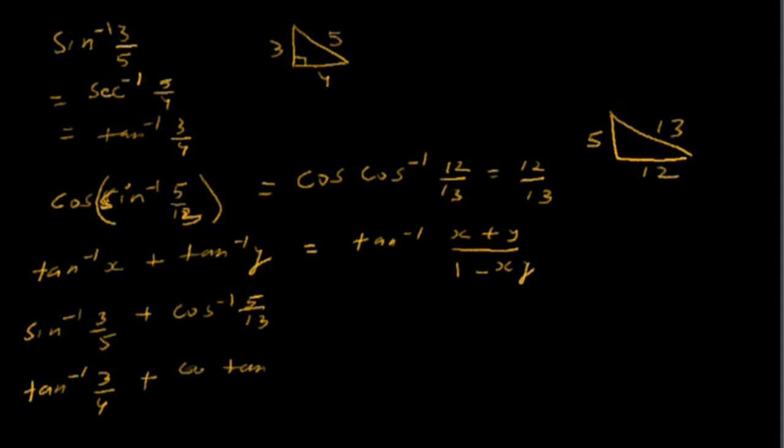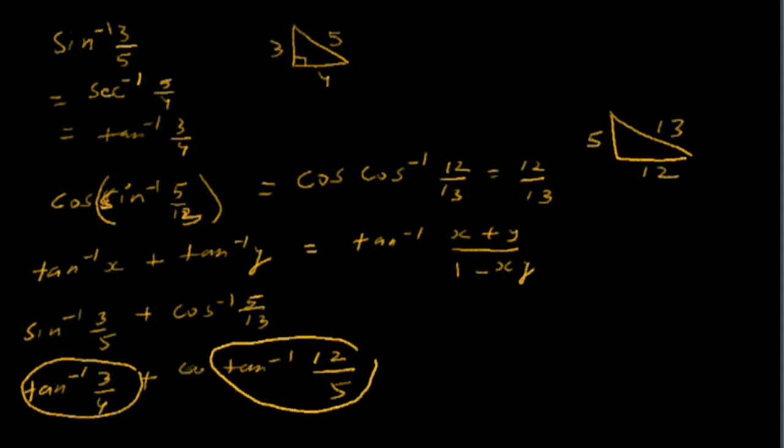So it will be tan inverse 12 by 5. So you know tan inverse 3 by 4 is here and tan inverse 12 by 5 is here. So what is that? Tan inverse x plus tan inverse y.